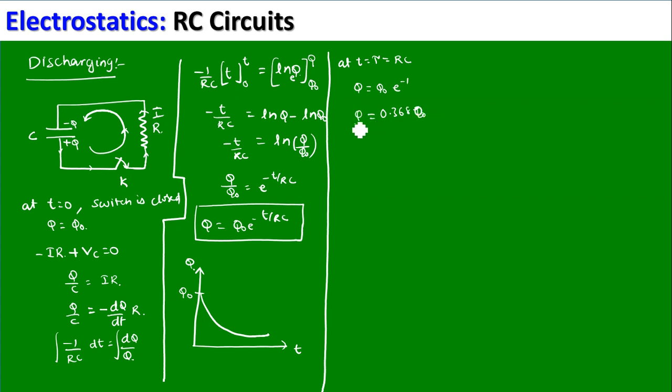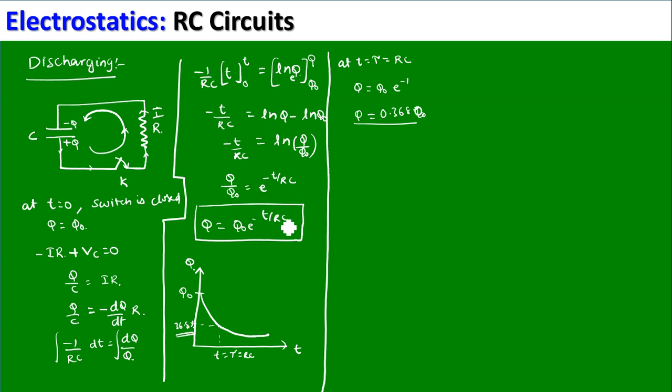So if you want to reach 36.8% of total charge, at time t equal to tau, which is equal to RC, the total charge will be reduced to almost 36.8%. Within a very small time, and then it will start decaying very slowly, and it will take infinite time to reach zero charge.